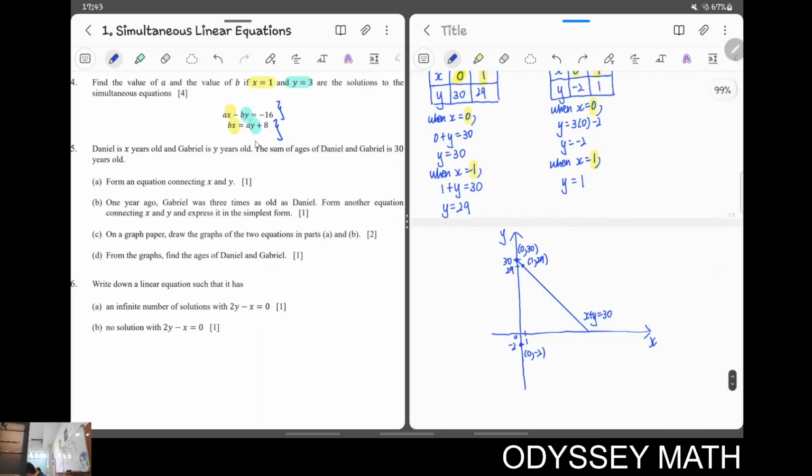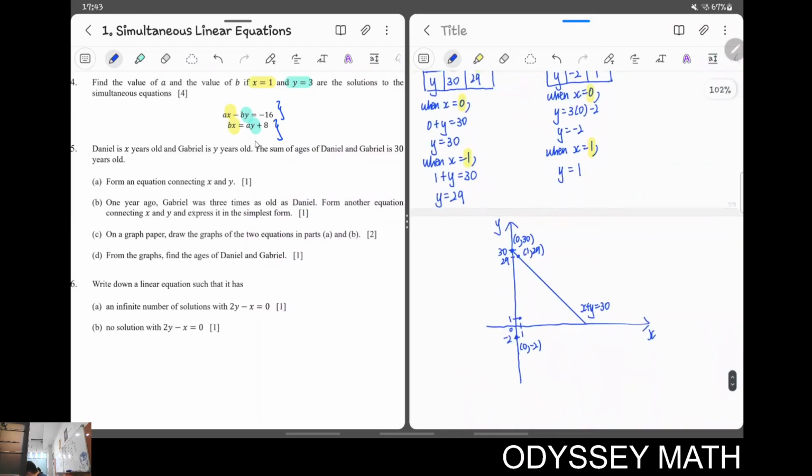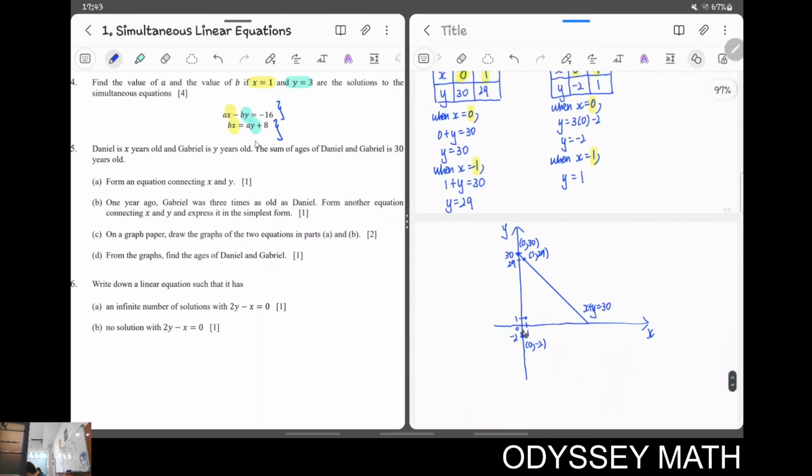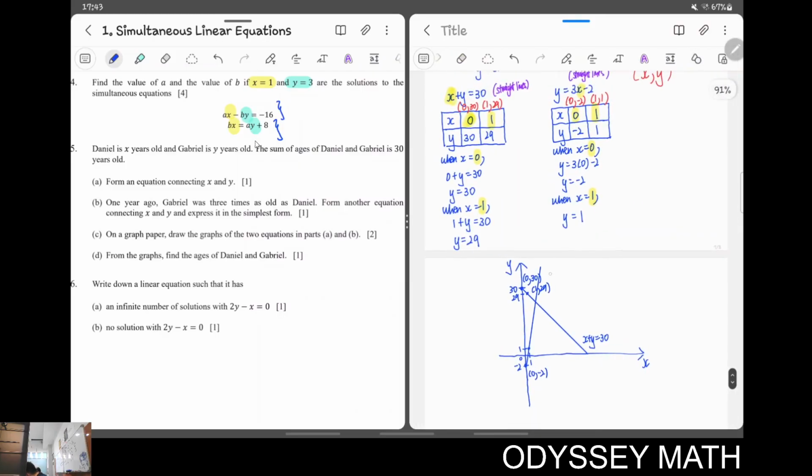I hope you all can see it. And then join the two dots using a ruler. And then we label the equation of this straight line sloping upwards. In this case, the equation is y equals 3x minus 2.